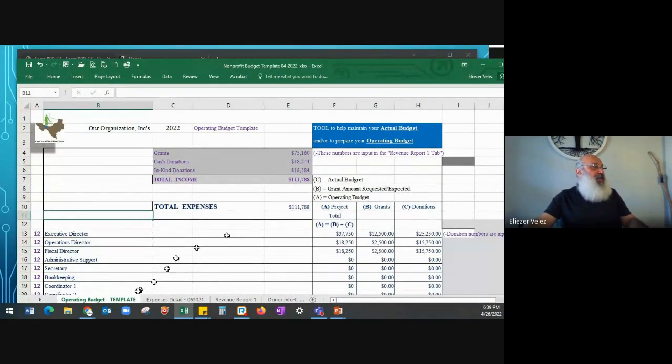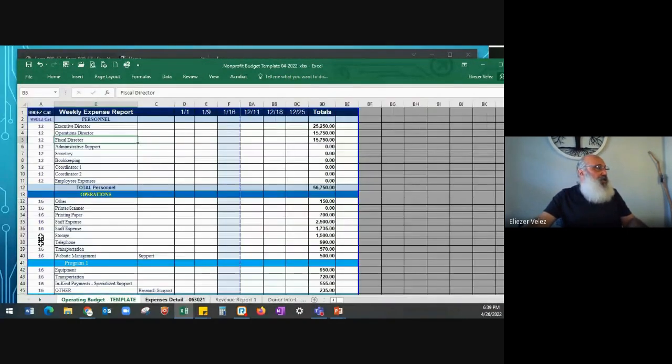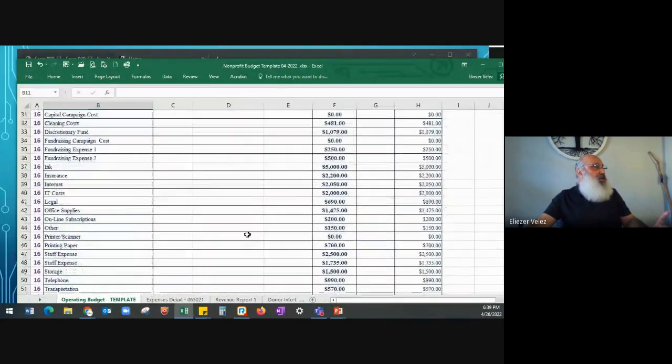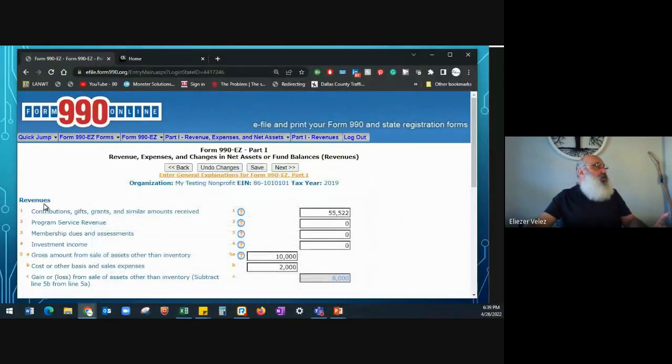This document basically has all these numbers on the left here, which, just to make it simple, correspond to these numbers on your 990. So if you keep track, and we have that template available, we can email it to you.